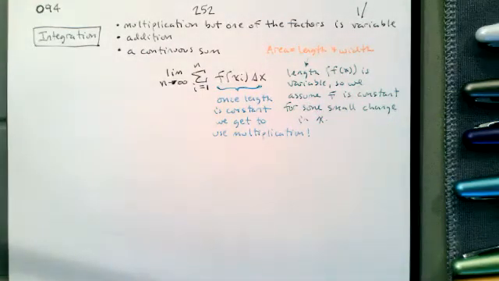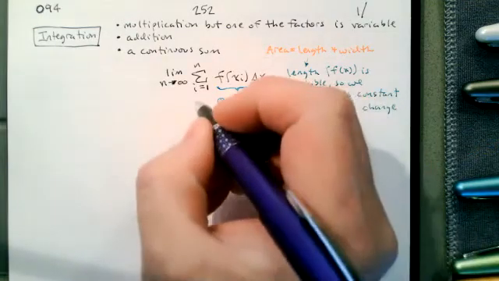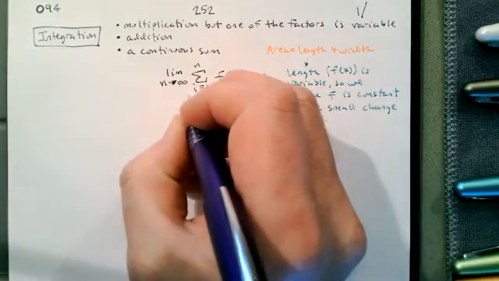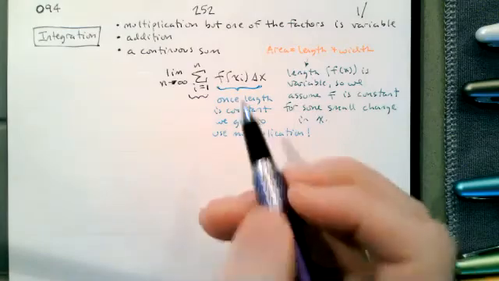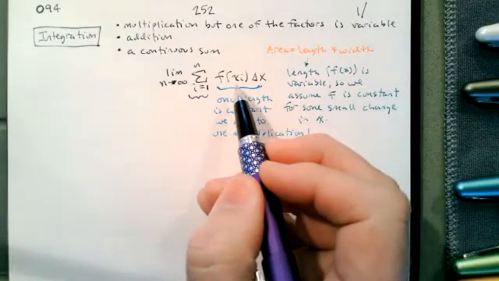And this is where multiplication becomes addition. If the function was constant over the entire interval, then we would use multiplication for the whole thing. But now we have to use multiplication in little pieces. So then we just add up all the areas, and that's what the sum is. Integration is multiplication, but one of the factors is variable.